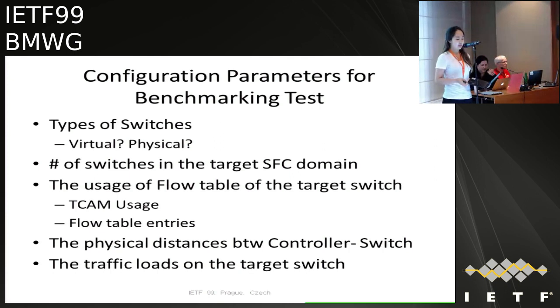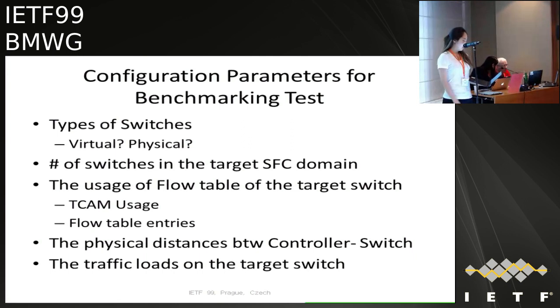So these are configuration parameters for benchmarking SFC accuracy. The first is the type of switches. There is a lot of hard work on getting rid of the distinction between virtualization and physical, but it still exists. So the type of switch, virtual or physical, is going to affect the accuracy of SFC.